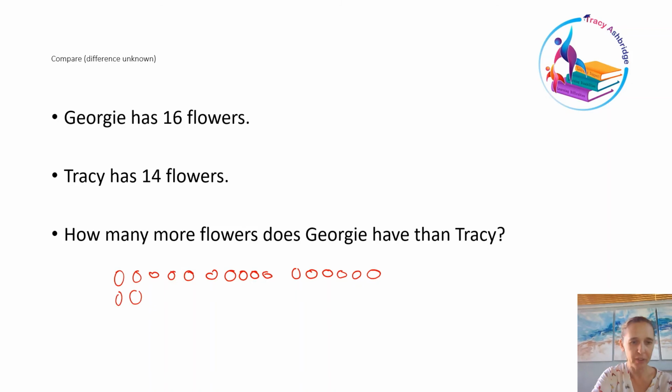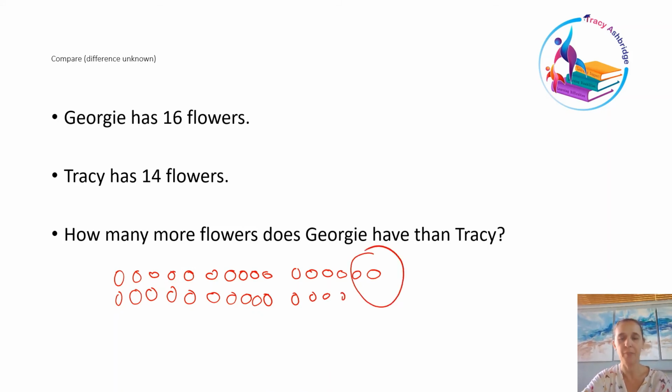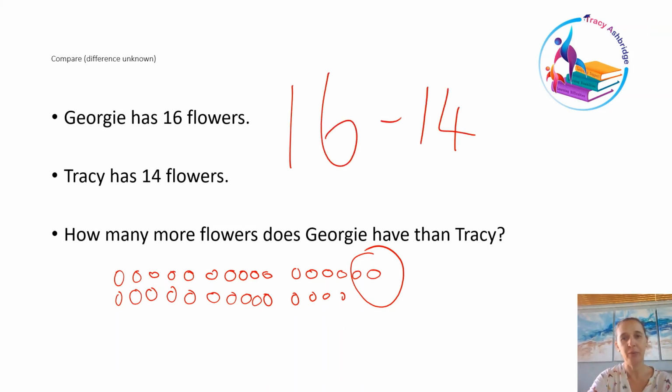Tracy's got 14. How many more does Georgie have than Tracy? You can see when we compare them that she's got 2 more. You could do this as 16 take away 14 equals 2, but children need to be able to see that this is comparing who's got more and how many more.